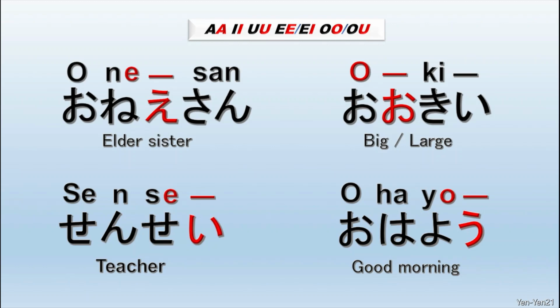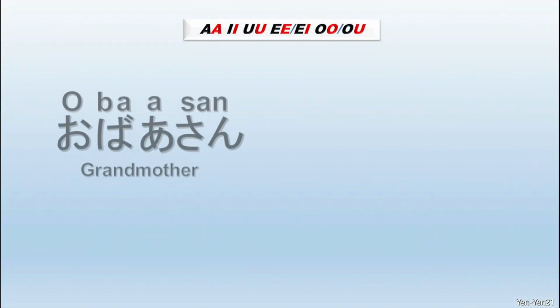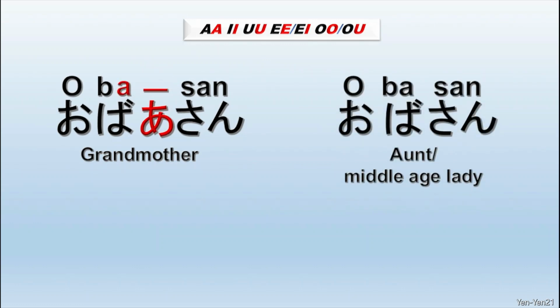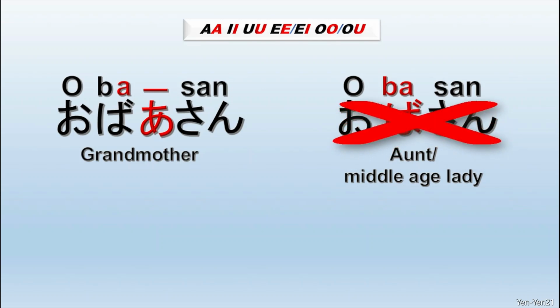For example, you want to say obāsan, which means grandmother, and you just pronounce obasan. You didn't prolong the vowel sound of the character. So the meaning of the word you just said is auntie.